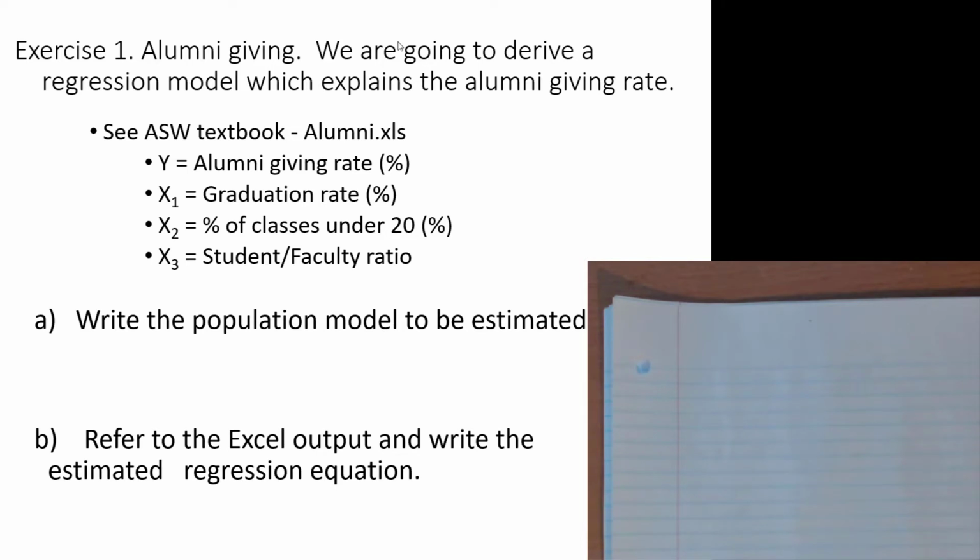So we are thinking about what drives alumni giving, and we have some variables. One variable is graduation rate, expressed as a percentage. The other variable is percentage of classes under 20, also as a percentage. The thinking on graduation rate is that students who graduate are more likely to become alumni, and more likely to donate.